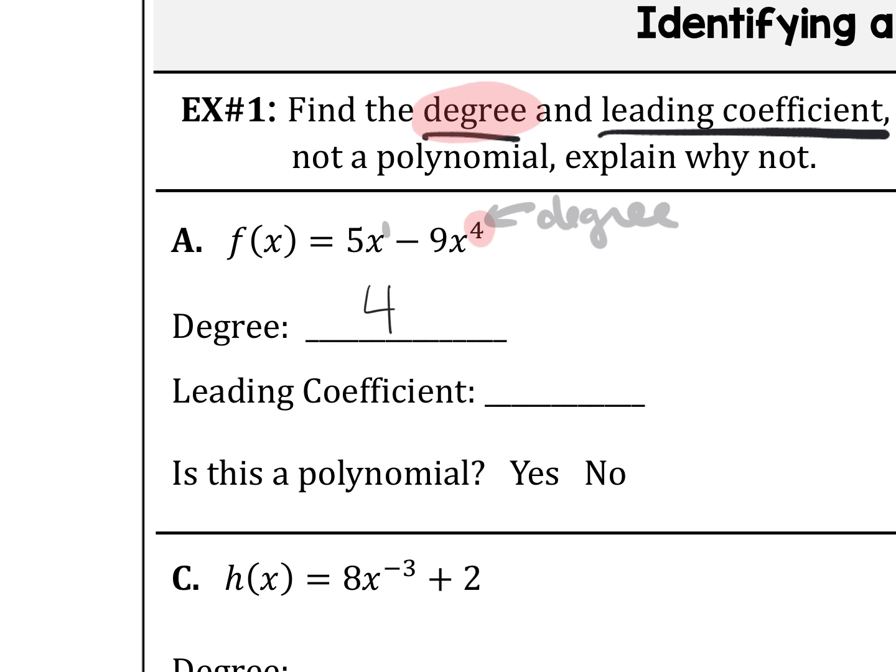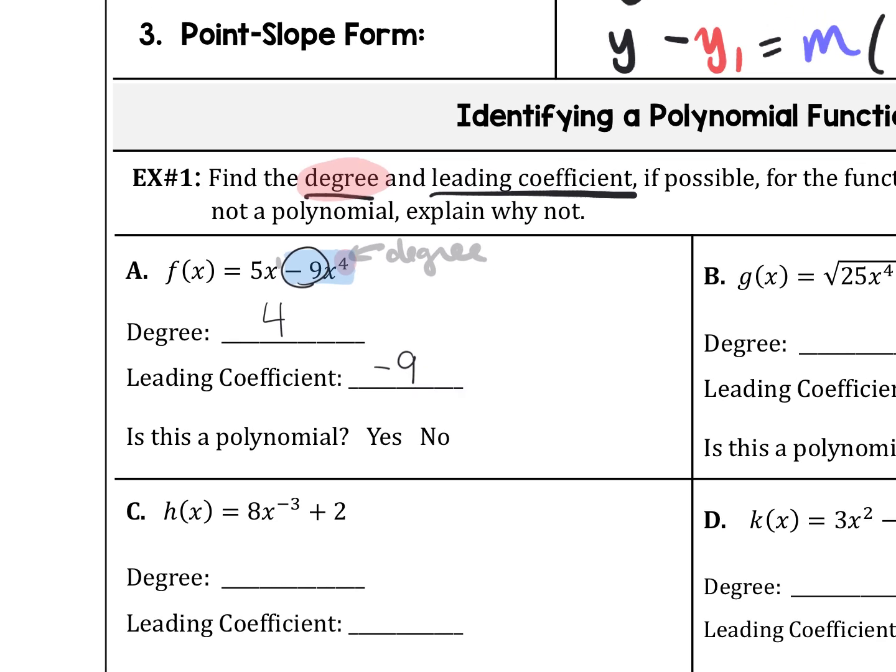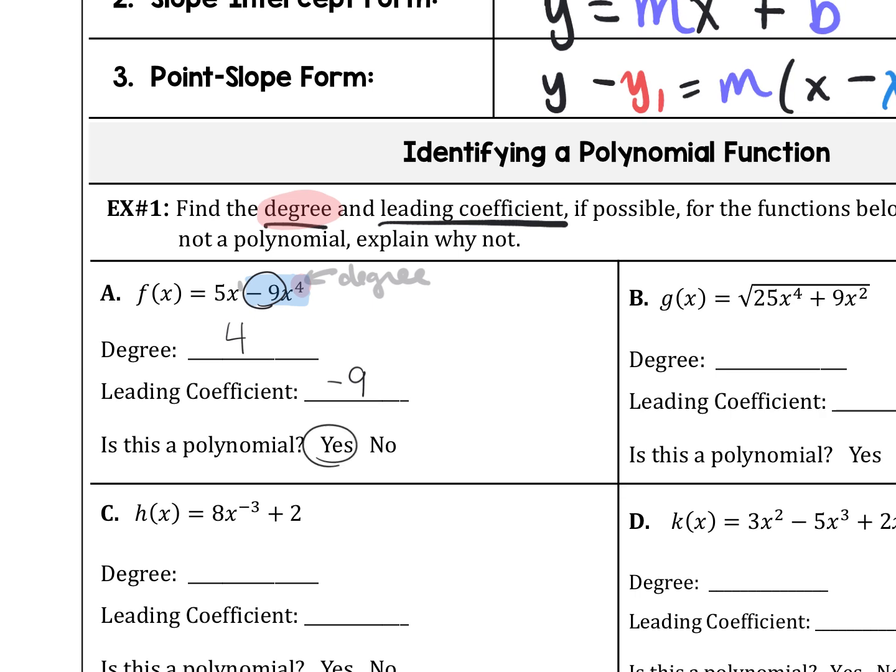And the leading coefficient, because this is the term with the degree in it, this is what we call my leading term. If this was in descending order, it'd be at the beginning. So this value here is my leading coefficient, which is the number that's multiplied in front of the variable. So is this a polynomial? And we say yes. This is a polynomial because all of the terms in it qualify as a monomial. We don't have any variables in the denominator, and we have only positive exponents.